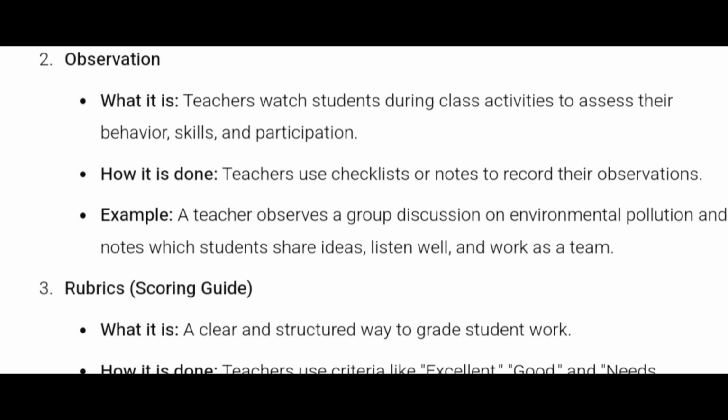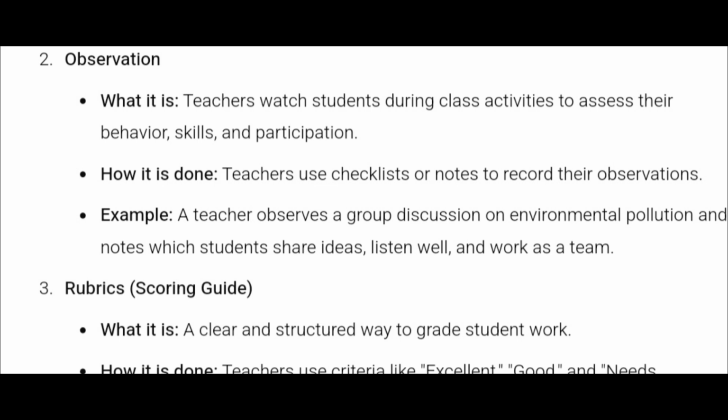Observation method. What is observation? Again, you understand by the word itself. Observation means you will observe the child, observe how the child is behaving, what are his or her skills, what are his or her shortcomings, how they participate, how they engage, how they interact. So all these things you will observe. Now what do teachers do? Teachers use a checklist.